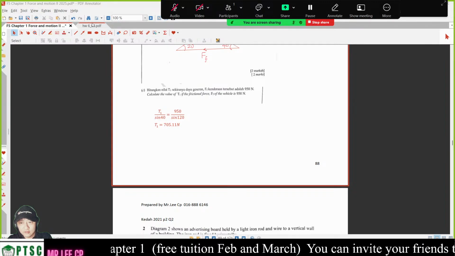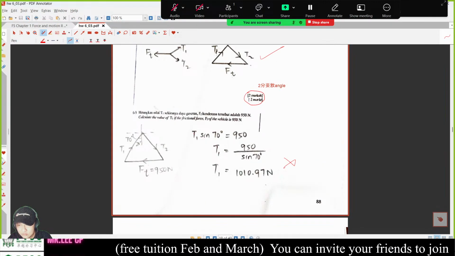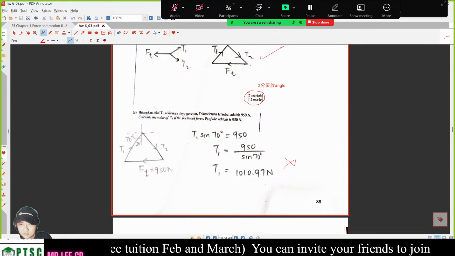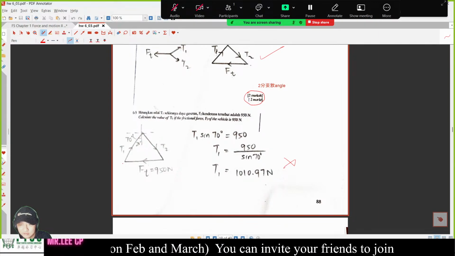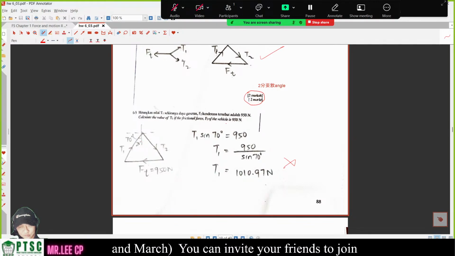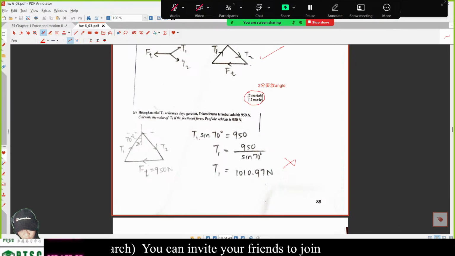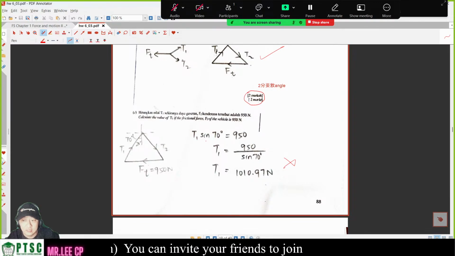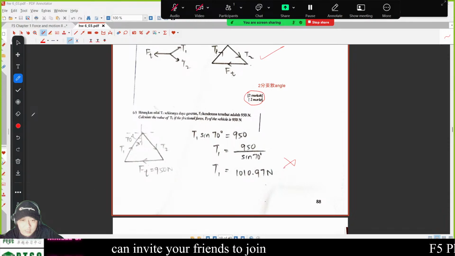Now, question. I don't know where you go wrong. You see T1 sine 70, 950. You have to use the sine rule. You cannot use this, this is for a 90 degree triangle only. Let me see why you get it wrong.